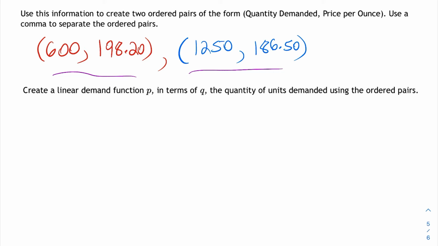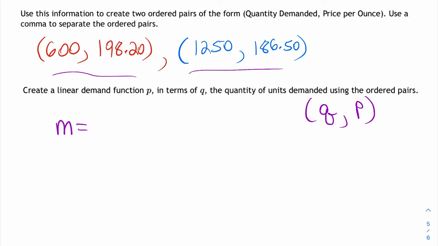So what we're going to do first is find the slope. In this case, my ordered pairs are of the form quantity Q, comma, price P.